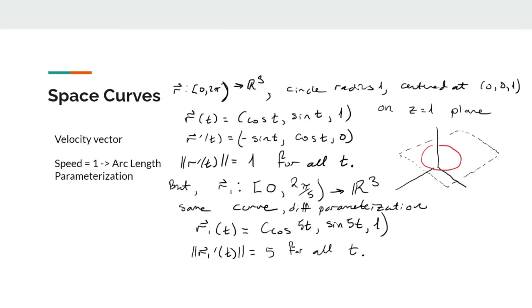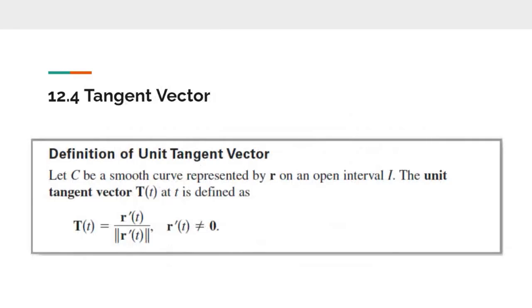We don't have to keep track of dividing by the magnitude of the derivative whenever the magnitude of r prime is 1 for all t, which is a very nice property to have. And you can obtain that property. You can take curves that don't have unit speed or arc length parameterization, and under certain conditions you can make them that way through arc length parameterization.